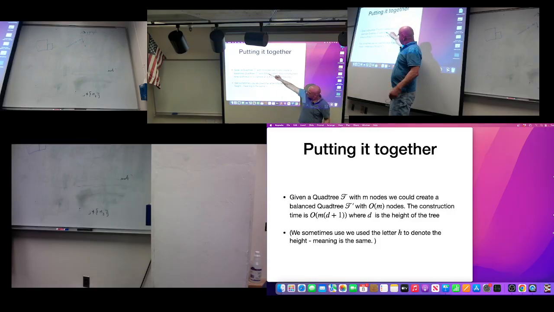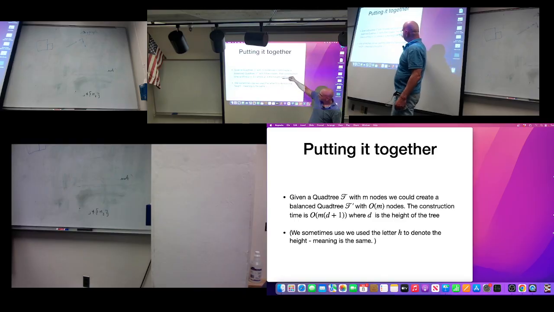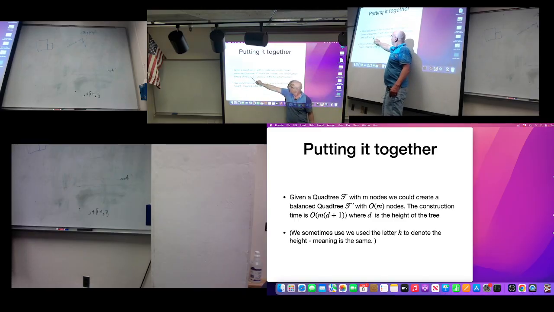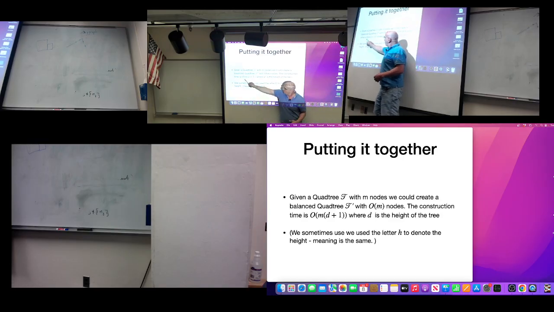What did we study? If the original quad tree had n nodes, then the construction time would be order of d times n, where d here is the depth, how high the tree is, times the number of nodes. Why this order?